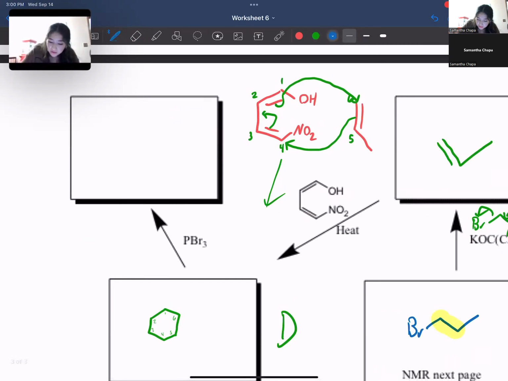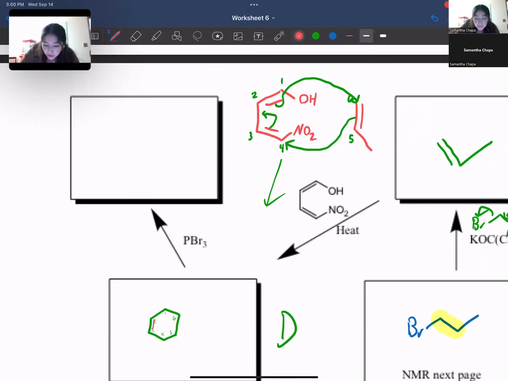Okay. We already know that we resonated the double bond from 3 and 4 to 2 and 3. So I'm going to put my double bond between 2 and 3. Okay. Then what we need to do next is see how the substituents on the diene are, like what the configuration is.